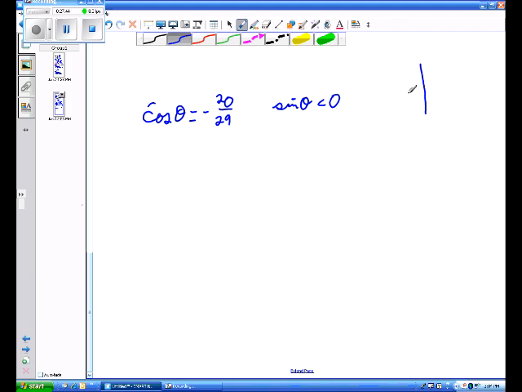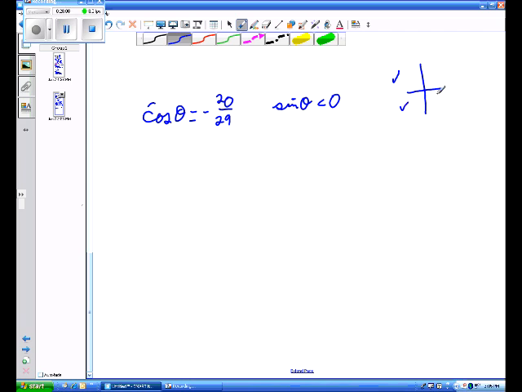So if we stop to think about it, the cosine's negative. Well, we know that the cosine is positive in the first and fourth quadrant. You remember, it was all sine, tangent, cosine. So the cosine's positive in the first and fourth. That means it's negative in the second and the third.